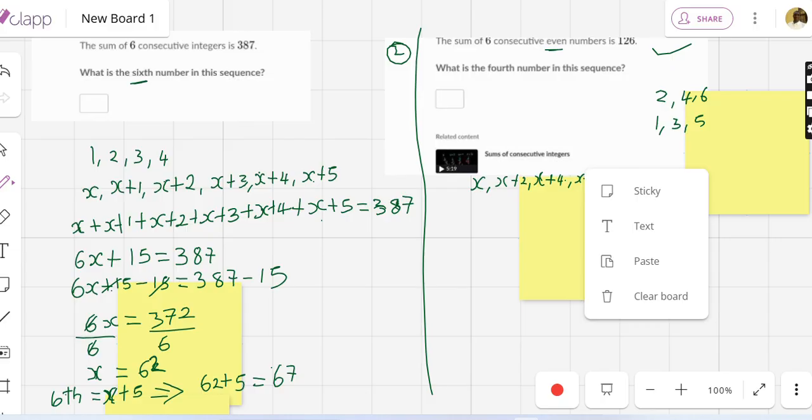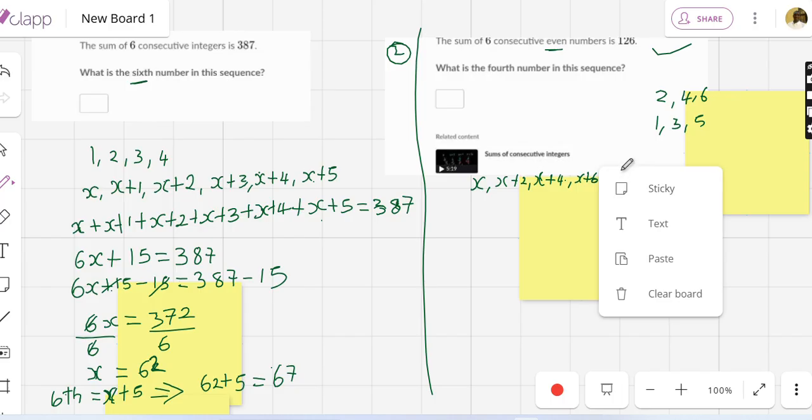And the next number is 1, 2, 3, 4. The fifth number is x plus 8.